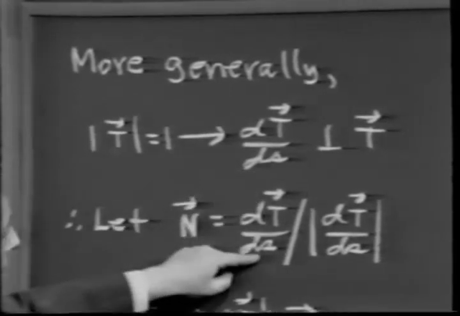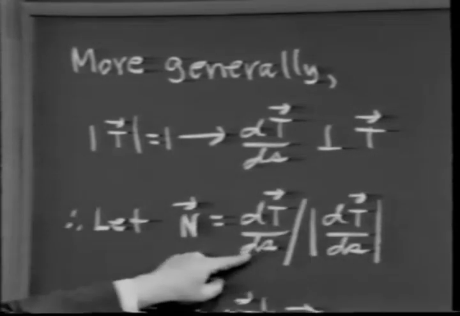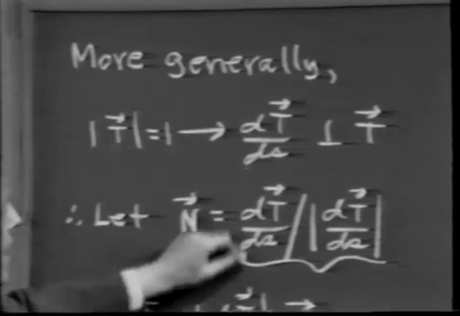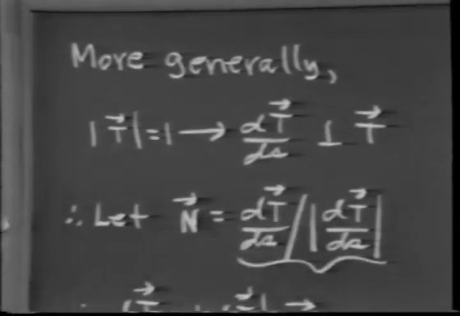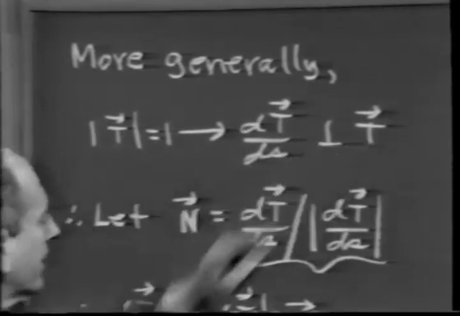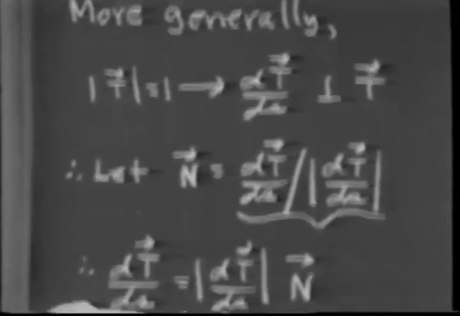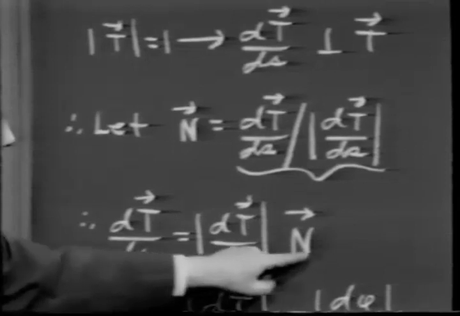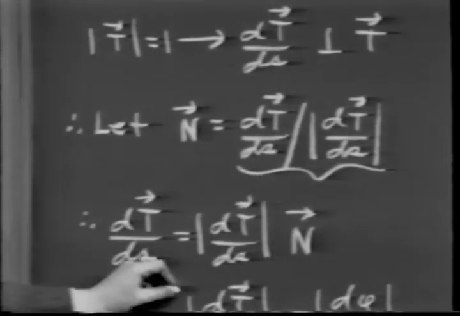We have simply taken dT/ds, which we know is perpendicular to T. Any scalar multiple of dT/ds will still be perpendicular to T, but now this is a unit vector because we've divided this vector by its magnitude. Therefore, N is a unit vector, and it's perpendicular to T. If we now cross-multiply, notice that dT/ds is equal to the magnitude of dT/ds times N.